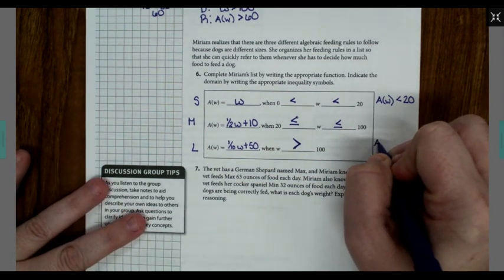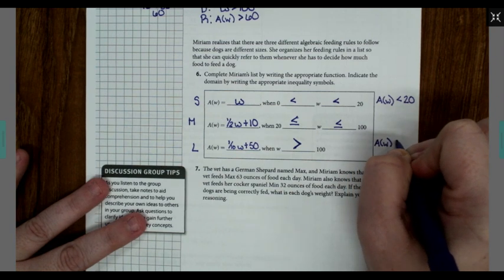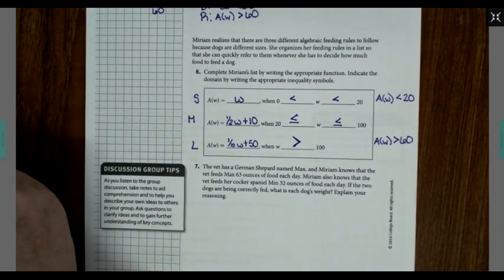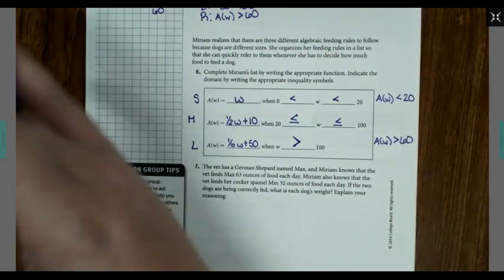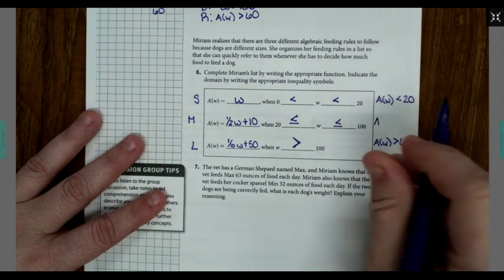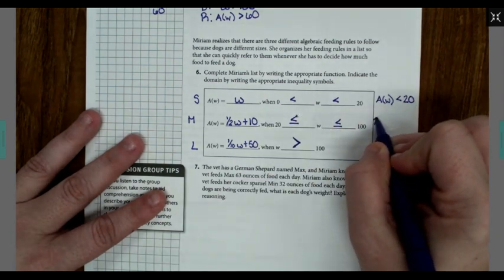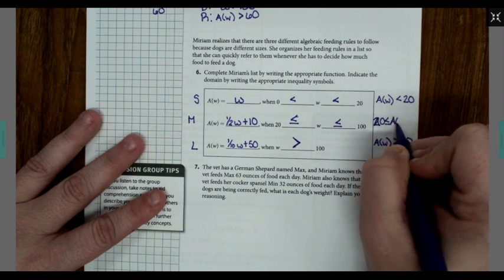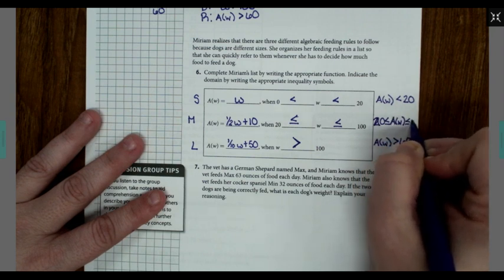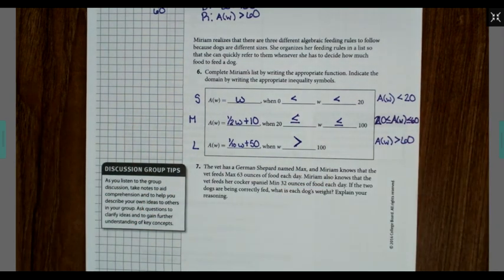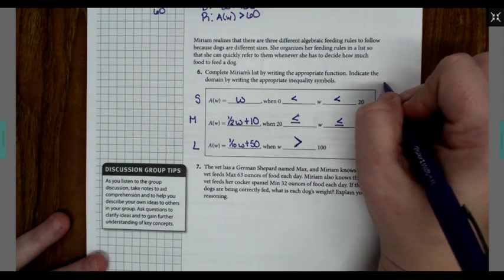So this would have been A of W is greater than 60 ounces, right? So if it's 20 all the way up to 60, that would make it obviously those mid-sized dogs, right? So A of W, I'll rewrite it. It should be 20 to 60.